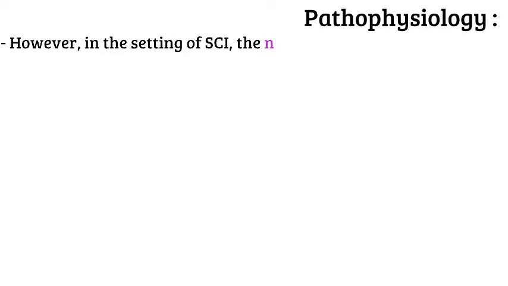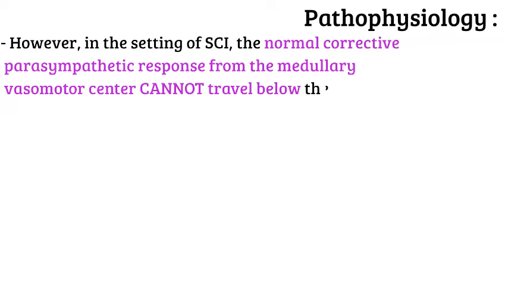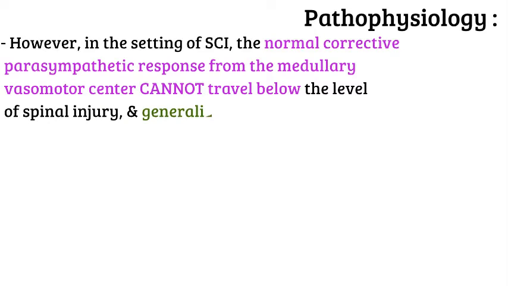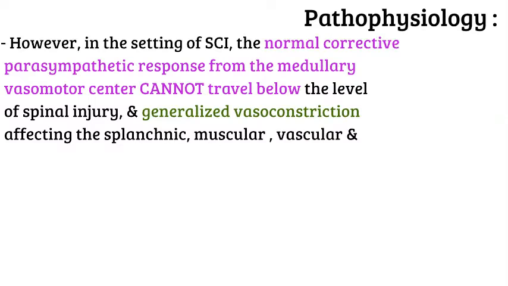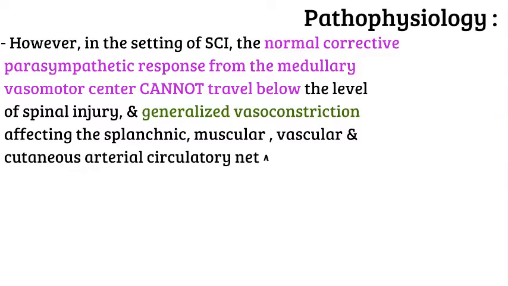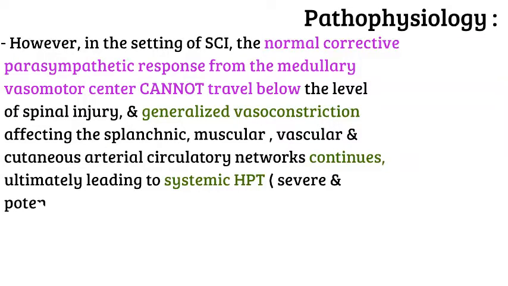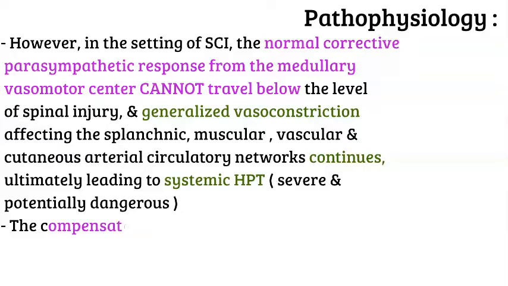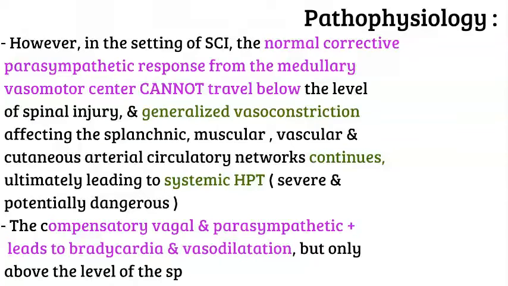However, in the setting of spinal cord injury, the normal corrective parasympathetic response from the medullary vasomotor center cannot travel below the level of spinal injury, and generalized vasoconstriction affecting the splanchnic, muscular, vascular, and cutaneous arterial circulatory networks still continues, ultimately leading to a systemic hypertension, a very severe and potentially dangerous condition.